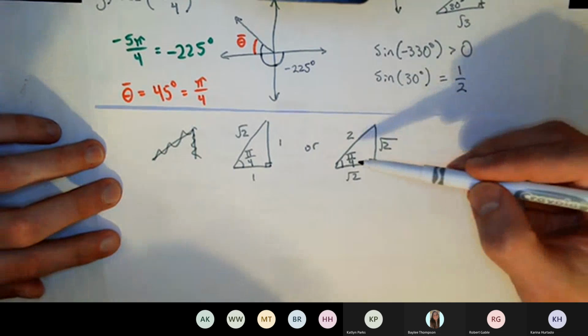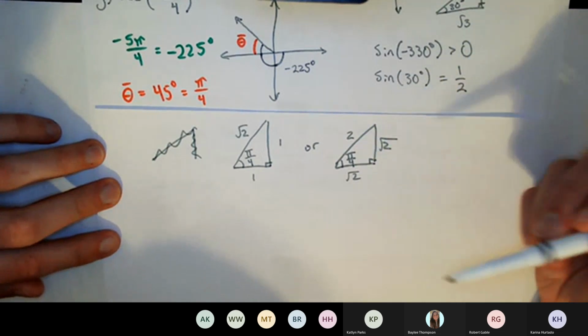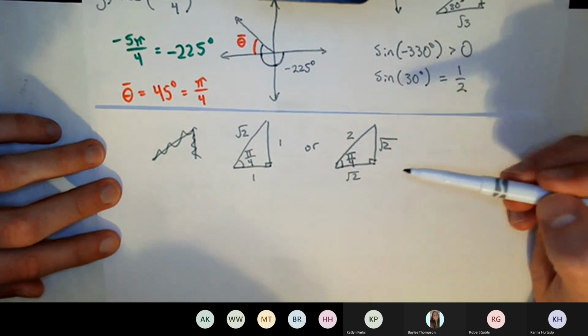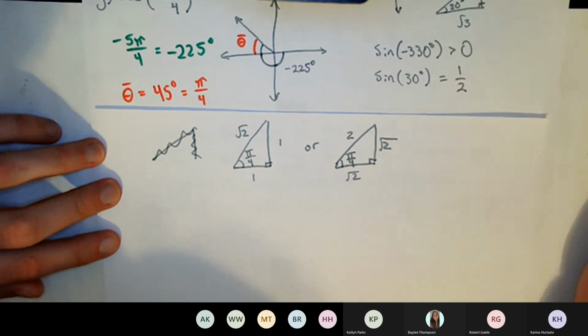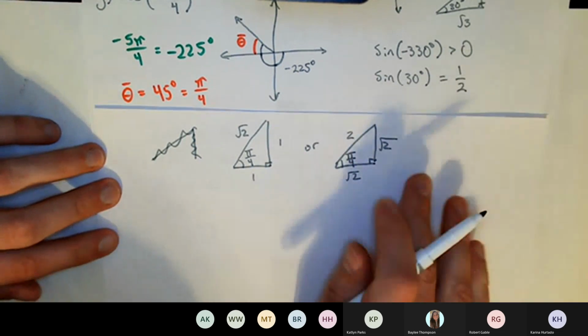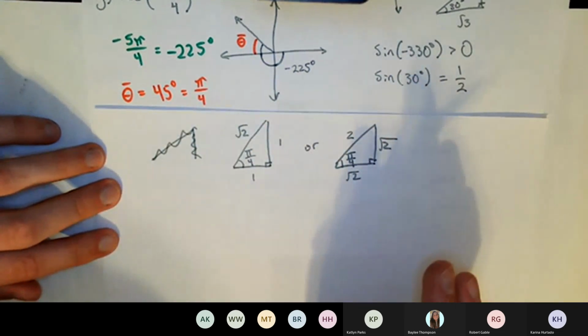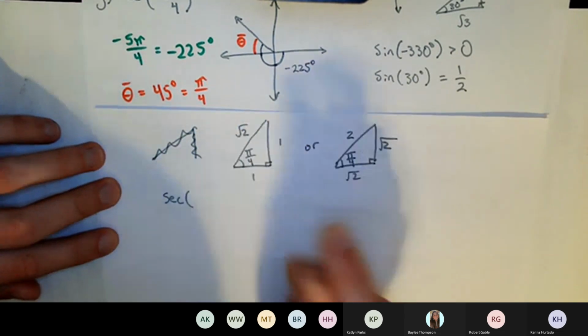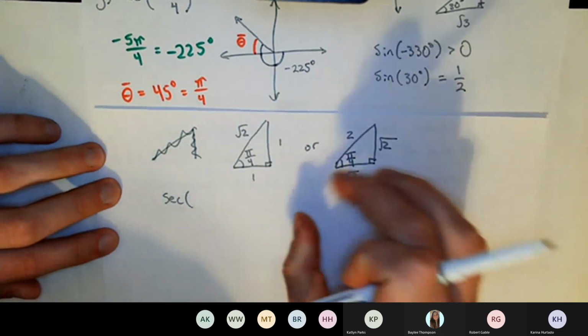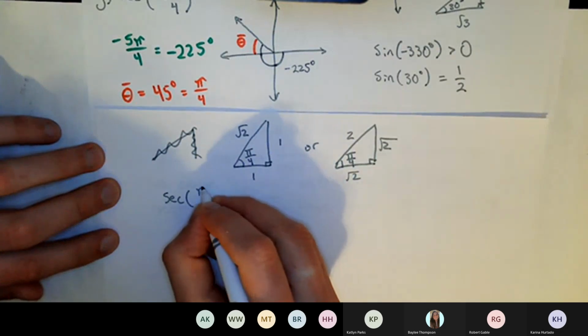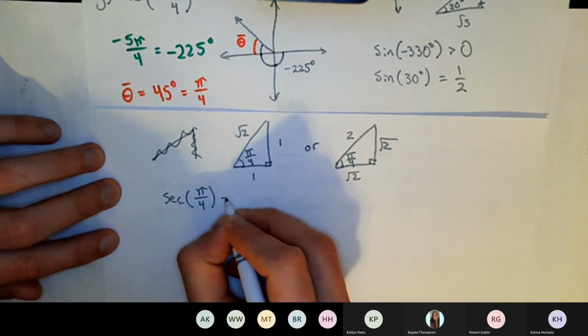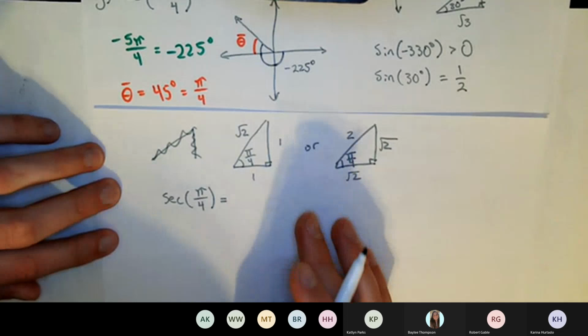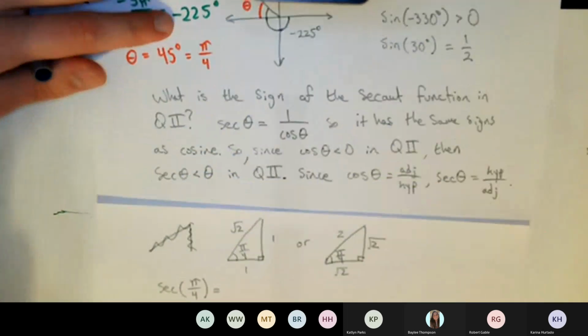Recall that this is just a 45, 45, 90, I'm just writing it in terms of pi on 4 instead of 45 degrees. All right, so now I want to find secant of pi on 4. I'll use the scaled-up triangle. Secant of pi on 4 is going to be equal to hypotenuse over adjacent.